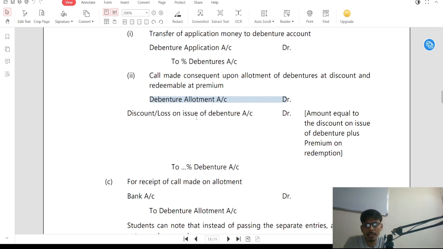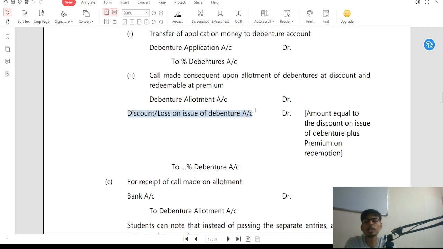That's why they make discount or loss on issue of debenture. This includes the amount of discount at the time of issue of debenture and the amount of premium which will be paid in the future. तो दोनों एक साथ में: premium at a future date should be adjusted today, plus the debenture discount you are going to pay today itself.